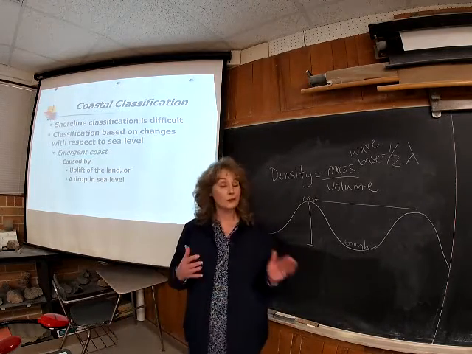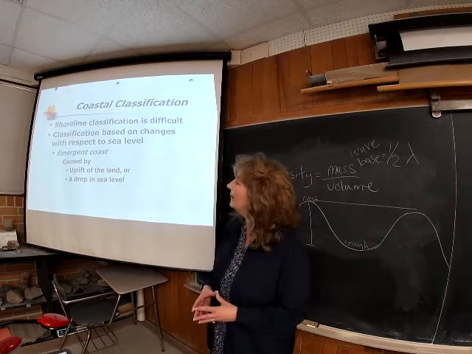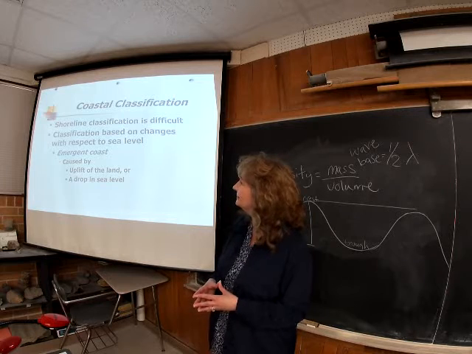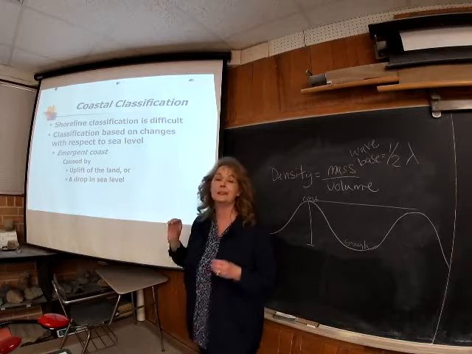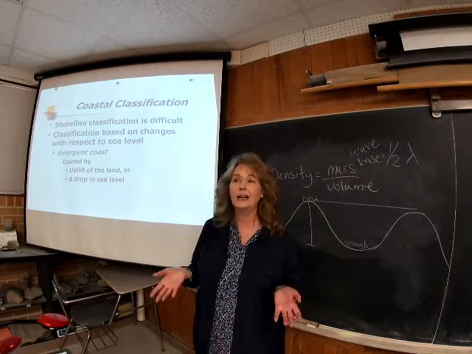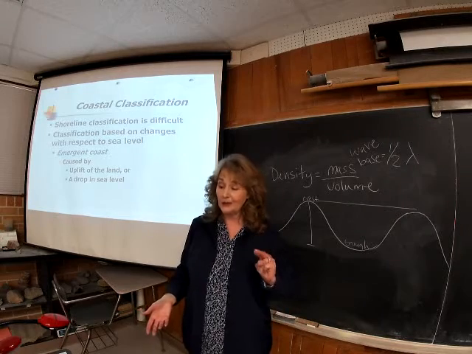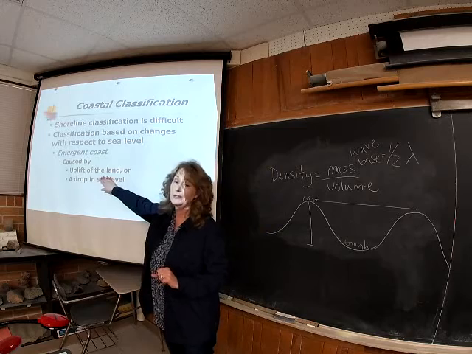Okay, so coastal classifications, we got a couple main types of coastlines, we would say, or shoreline classification. So classification is based on change with respect to sea level. So do we have rising sea level? Do we have lowering of sea level? And it can actually be a combination of what's happening to the land.